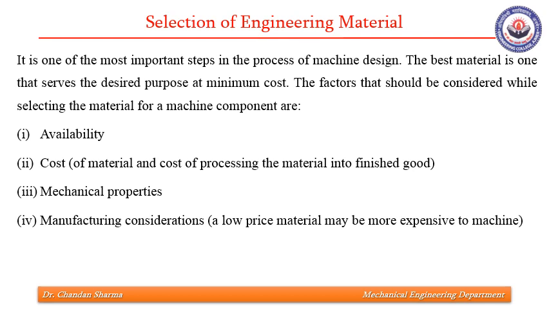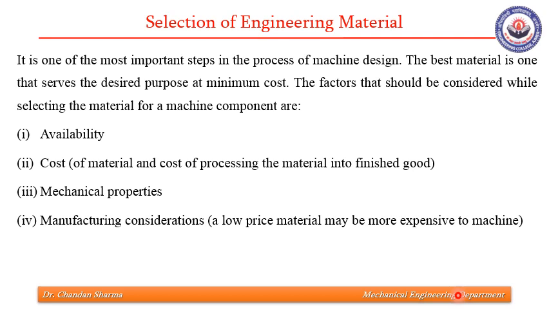Then comes manufacturing considerations. What does that mean? The component which we have chosen, its manufacturing should be possible, for one thing, and its cost of manufacturing should also be less. Often we may find that a low price material may be more expensive to machine. So the consideration of manufacturing is also an important criterion.